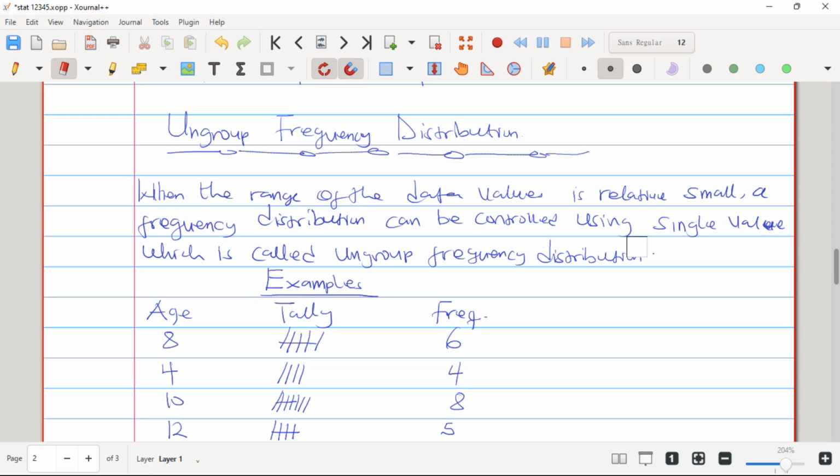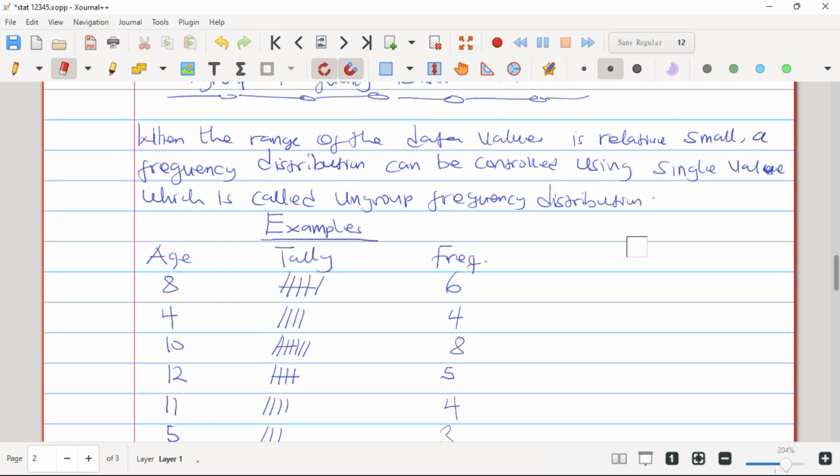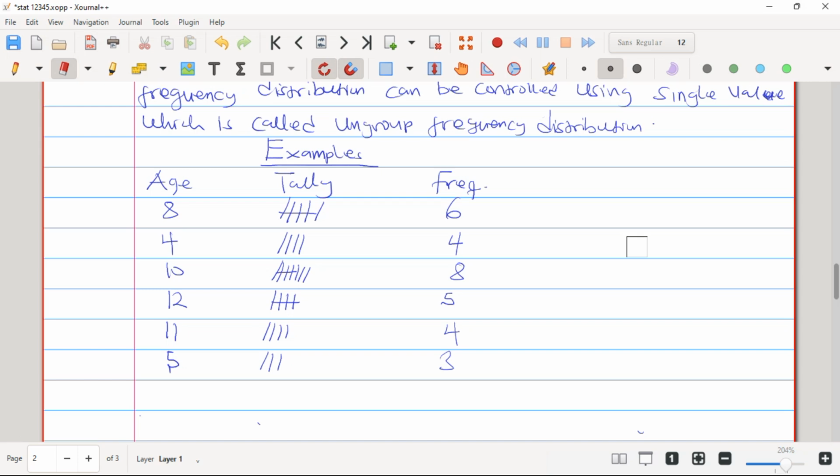For instance, if the range within an interval is very small, like 0.001, we can just reduce it to a single digit. So the class will just be a single digit, as you can see here: 8, 4, 10, 12, 11, and 5.